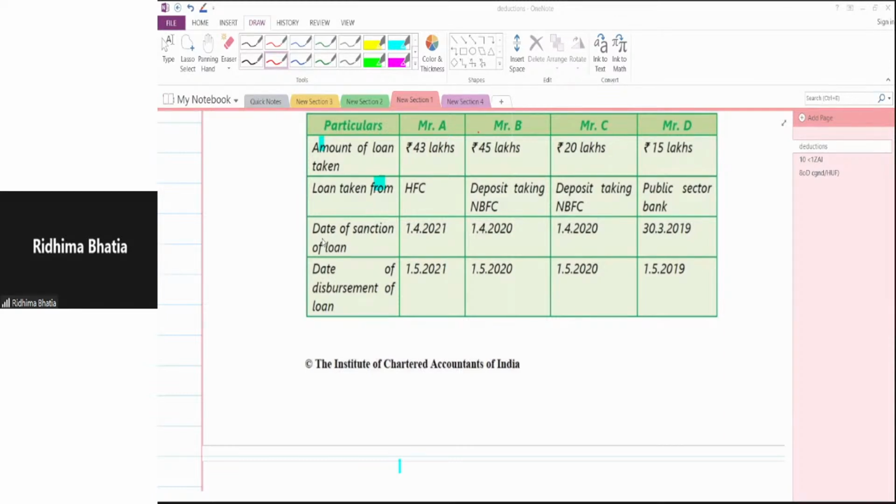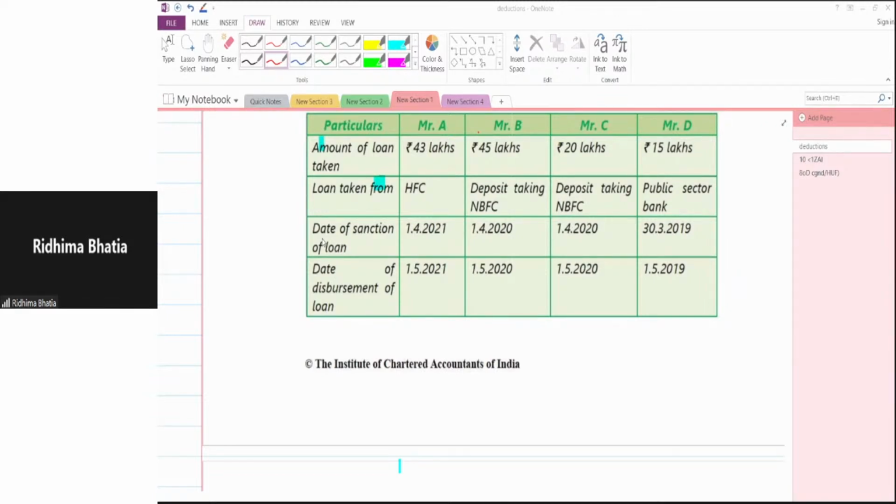So guys, next very important section is section 80G. Now, if I have to say it in one word, this section is actually for donations. Till now, we did not cover a section which had all assessees in it.